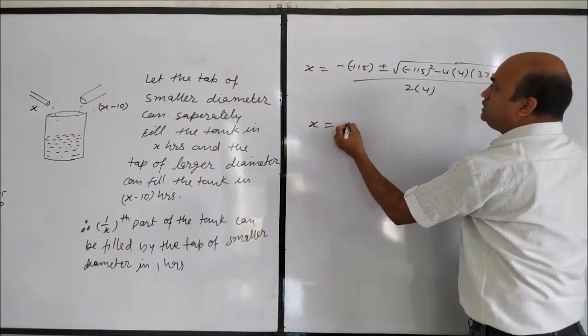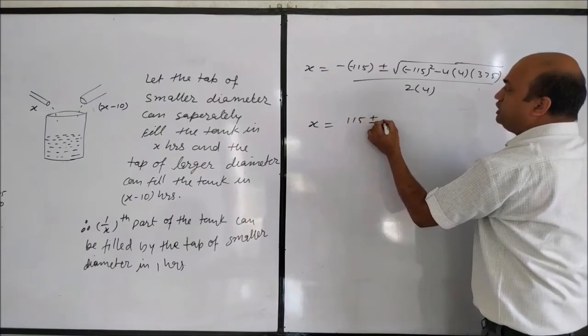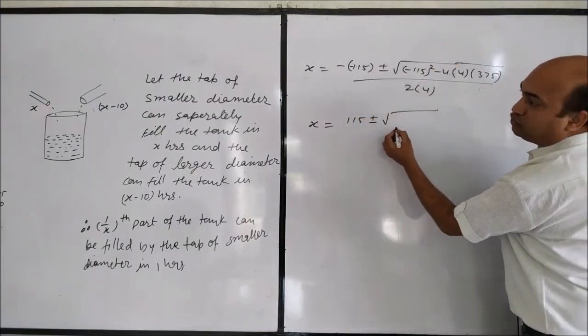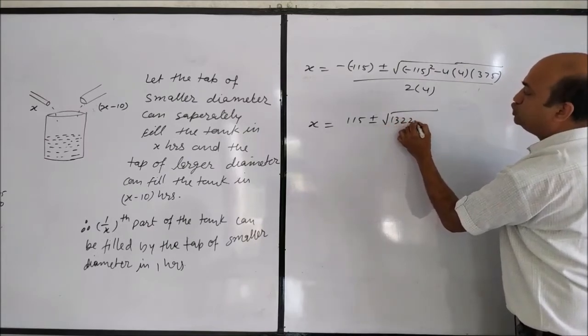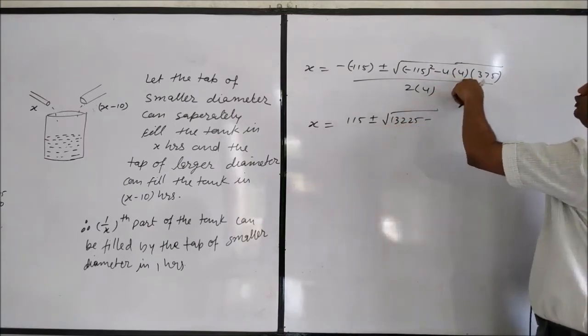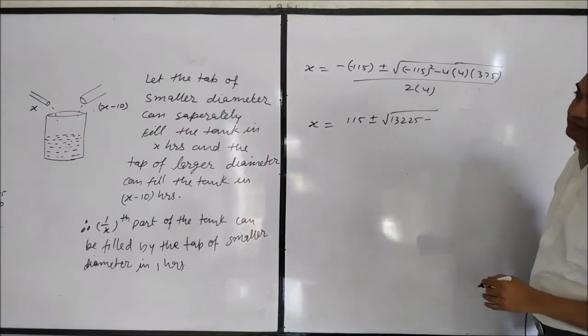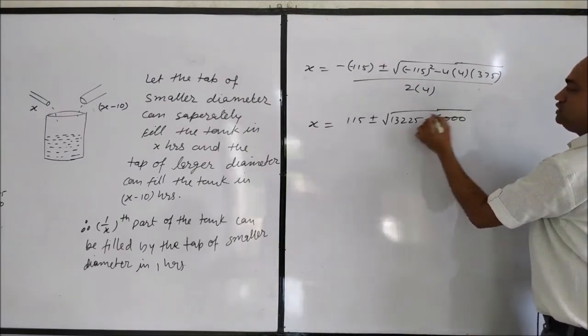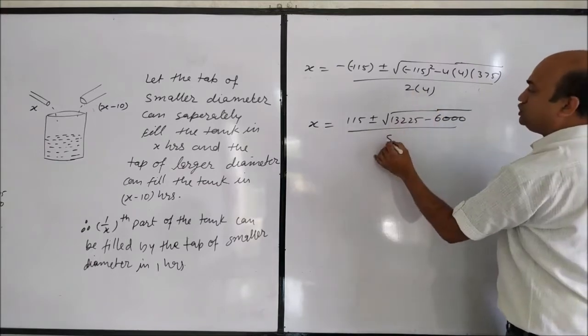We get x is equal to 115 plus minus under root 115 square is 13225 minus 4 4s are 16. 16 into 375 is 6000, upon 4 2s are 8.